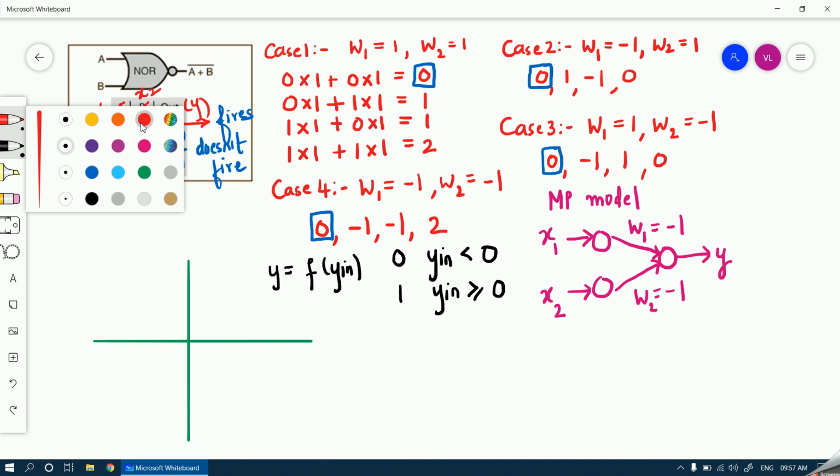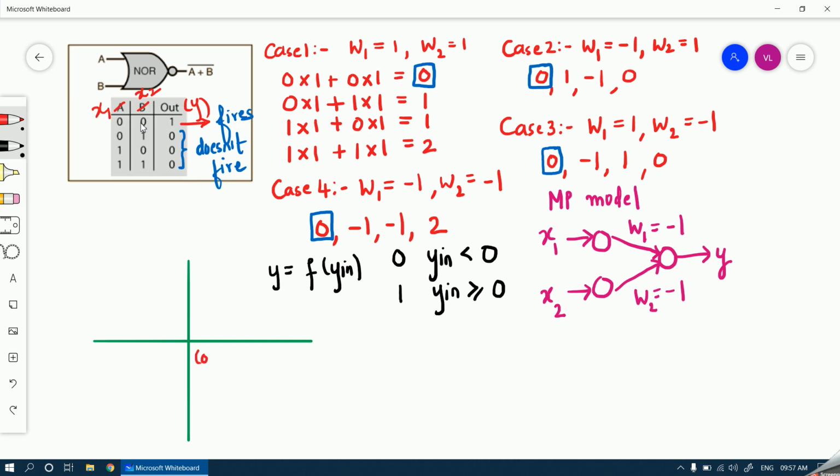So this is point 0, 0. Here we have got +1. Here we have got -1. Here we have got +1. And here we have got -1.